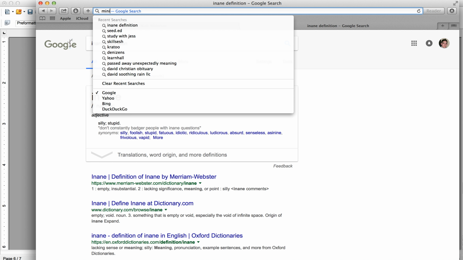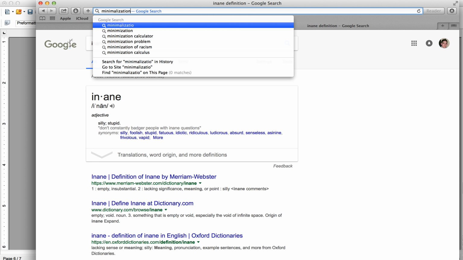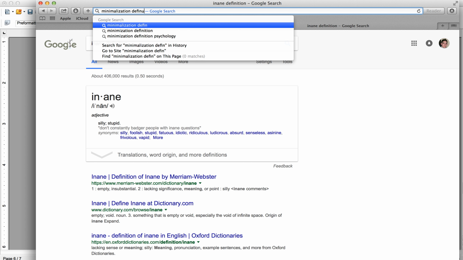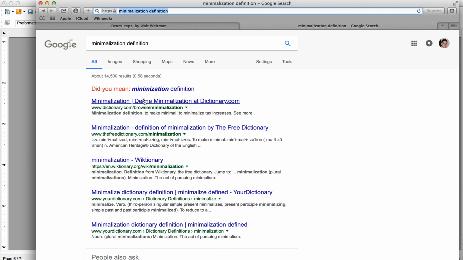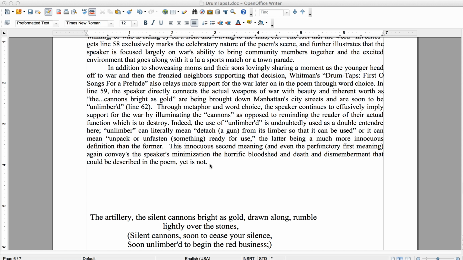Let's look it up. I think it's minimalization. It's kind of a big word. You might not use it. Minimalization. It's kind of a big word. It might not work. Oh, well, minimization worked. Let's look it up.